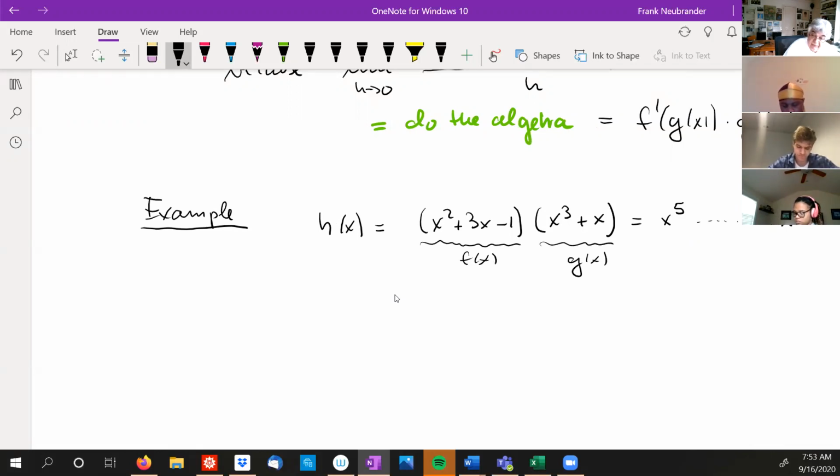And if I take the derivative of h, it is the same as I take f times g prime. And now you have to memorize that the derivative of a product is the same as the derivative of the first times the second plus the first times the derivative of the second.